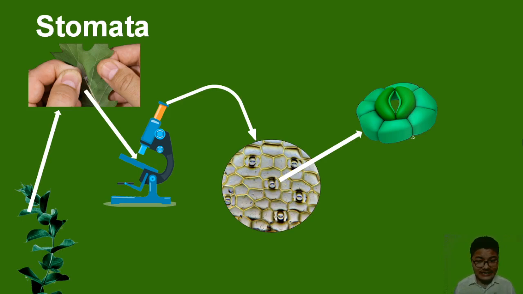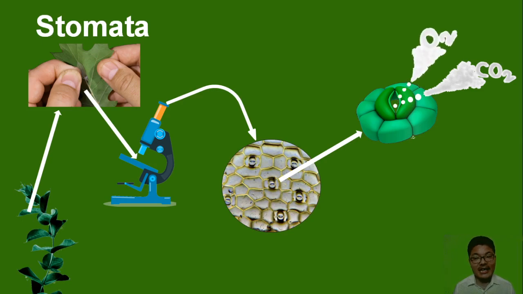You know that these tiny pores are essential in the life processes of plants. Plants require carbon dioxide for photosynthesis, for preparing food. And during respiration, plants remove carbon dioxide through the stomata and they take in oxygen.